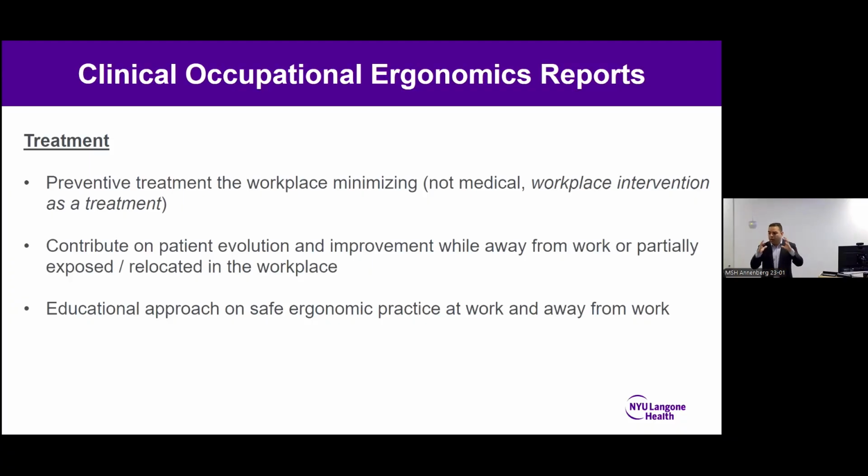So sometimes we see the clinical ergonomics aspect of it not only within the workplace but also outside of work, and it's kind of like a lifestyle. When you go to the grocery store and you have all these items, and they ask if you want to buy a bag, you say, yeah, one please.